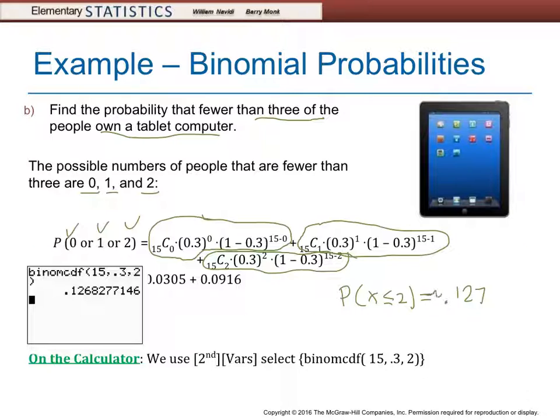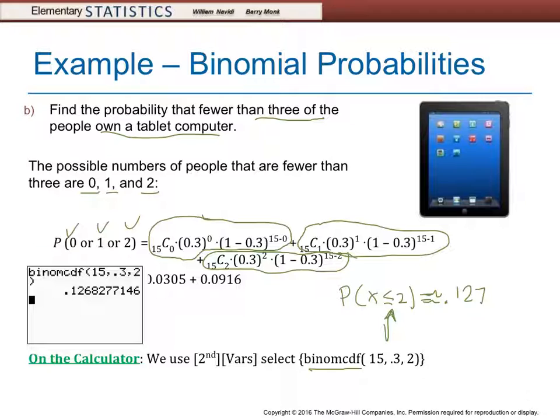7, approximately. But we can also use our calculator, but now we have to choose a different option. Instead of binomial PDF, we choose binomial CDF, which allows us to compute all of these different probabilities that are less than or equal to 2.